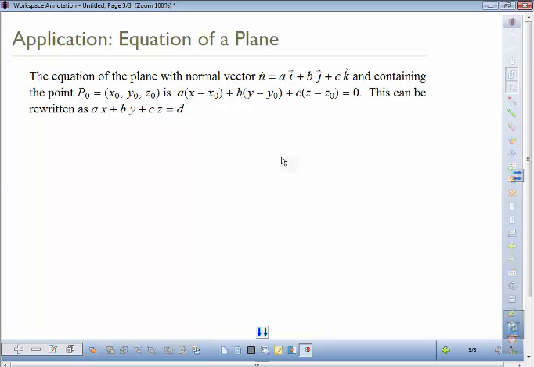Just like in algebra, you learn about the equation of the line, and then you memorize this y equals mx plus b business. You try to figure out where the m and the b and all that stuff come from. The equation of a plane kind of follows the same way. Maybe I should have started with the equation of a line first, but let's go with this for now.